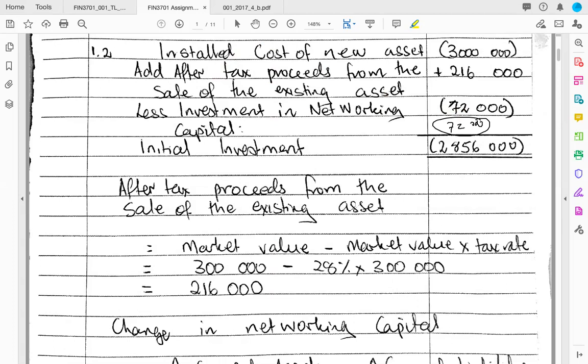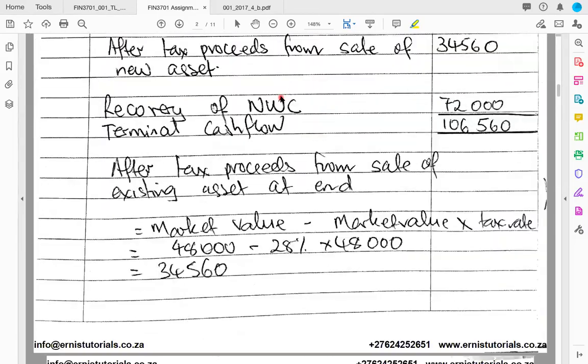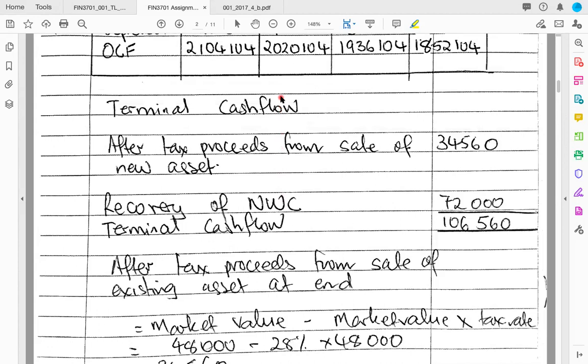And then, this is just an example, if we had added the net working capital because money was coming in, if we had put it as a positive here, that would mean when we are doing the terminal cash flow calculation, we would have to put it as a negative.